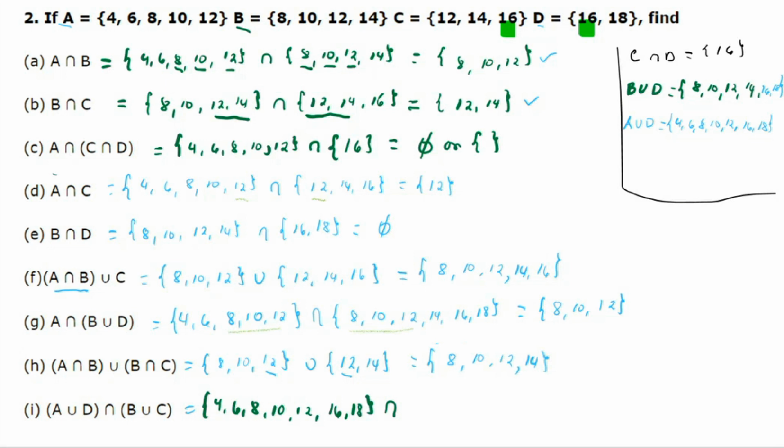Intersection B union C. Do we have B union C from a while ago? We don't, so I will write it here. Let's combine B and C. I'll start with B, which is 8, 10, 12, 14, and combine it with set C. We have 12 and 14, which are also present, so there's no need to write 12 and 14 again. We write the last element, which is 16.